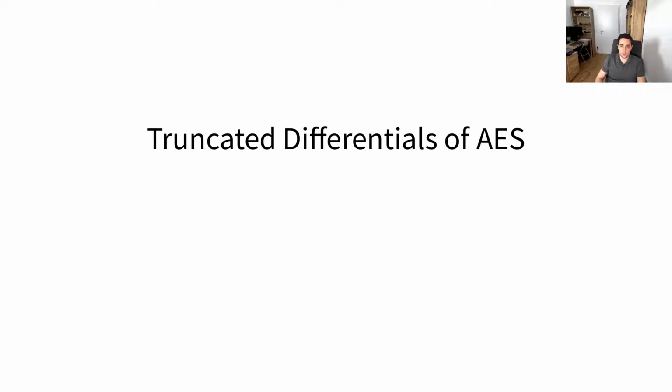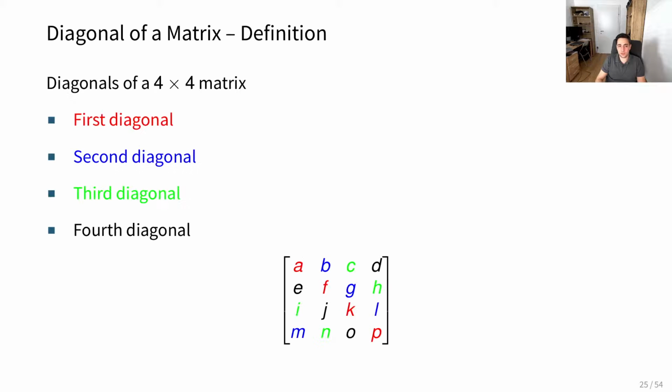What can we say about the AES? So this is now a concrete cipher. Well, for the AES, first we need some definitions here. Essentially we call the first diagonal here the main diagonal, which is red, and the second diagonal is blue, the third is green, and the fourth is black. That's just for some notation, but even without these notations, it will be clear later what is meant.